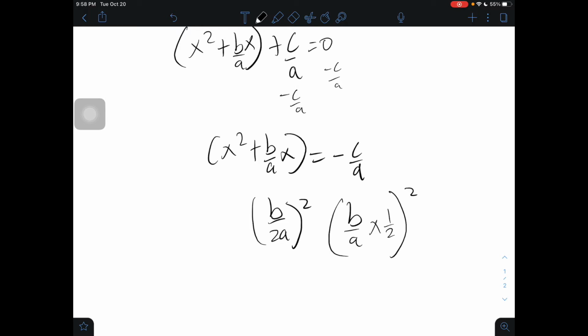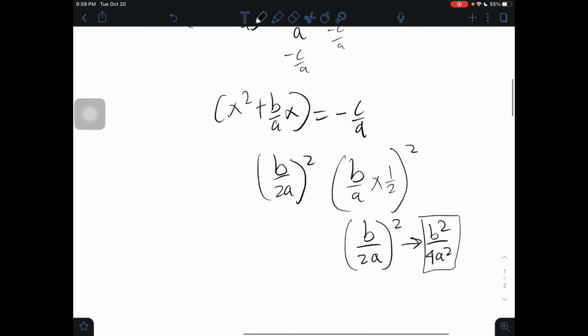When multiplying these fractions, our numerator is multiplied by our numerator, so 1 times b is just b. A, which is our denominator, is being multiplied by our 2, our other denominator, and a times 2 is just 2a. This is going to be squared in order to give us b squared over 4a squared.